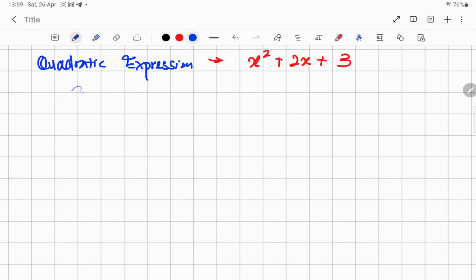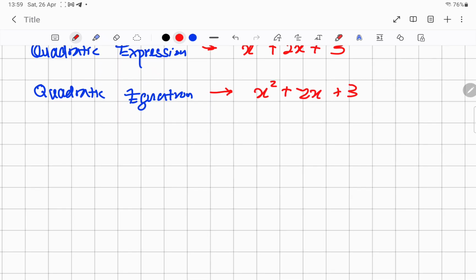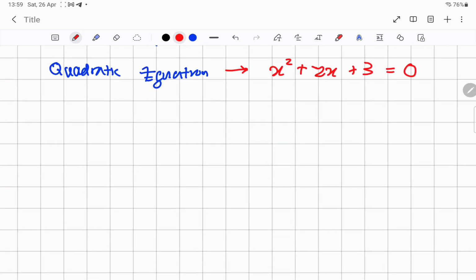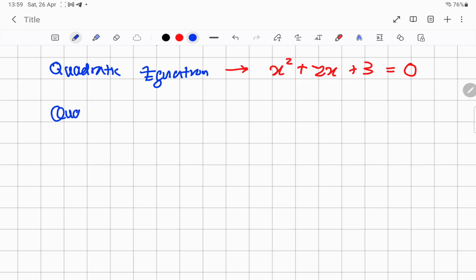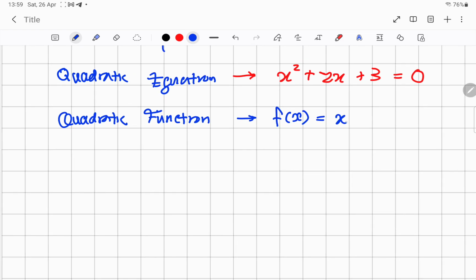And then quadratic equation is x squared plus 2x plus 3 equals 0. And an example of a quadratic function is f(x) equals x squared plus 2x plus 3.